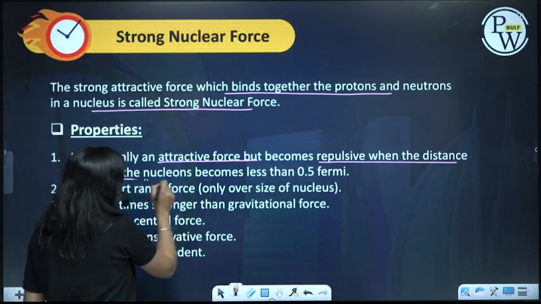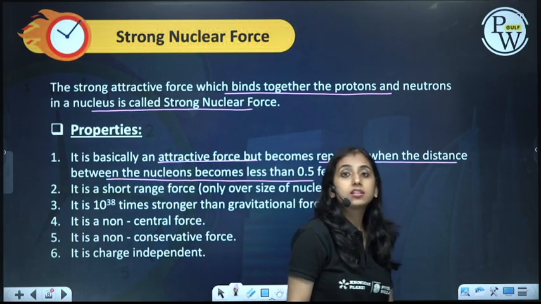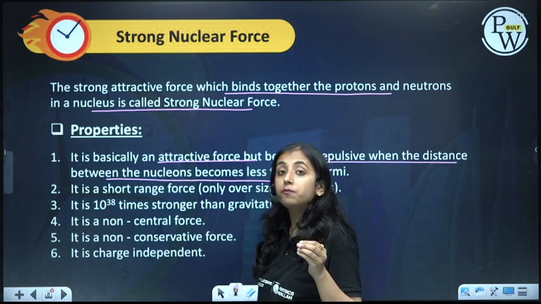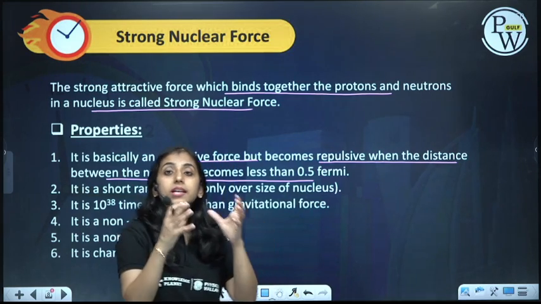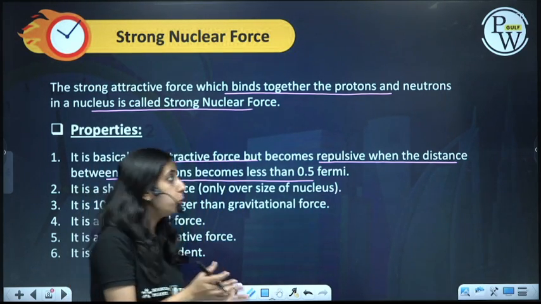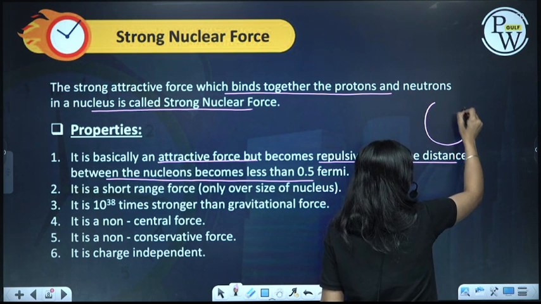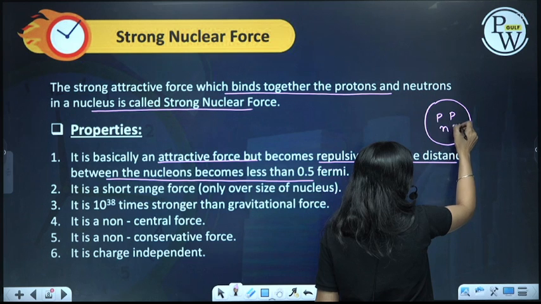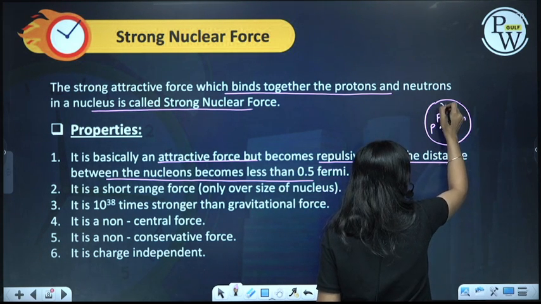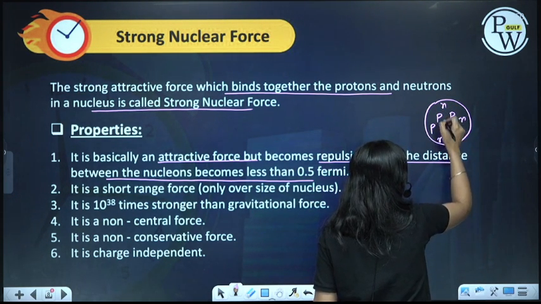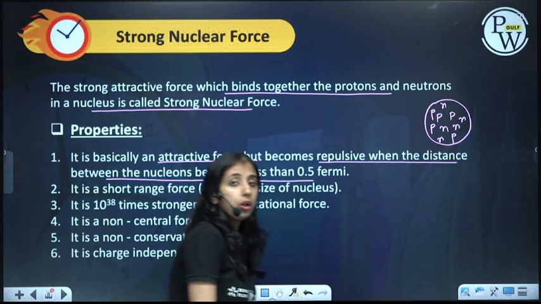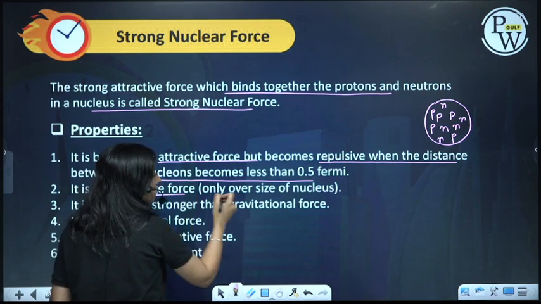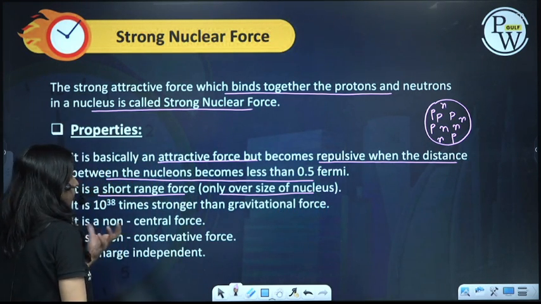It is a very short range force because it acts only over the size of the nucleus. Its only purpose is to bind all the protons and neutrons together in a nucleus.